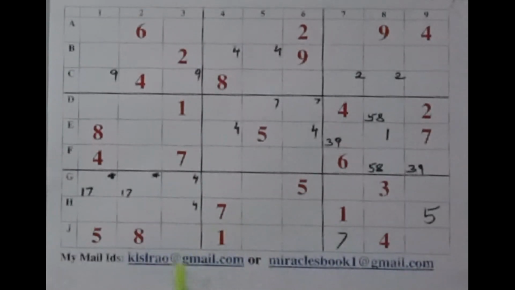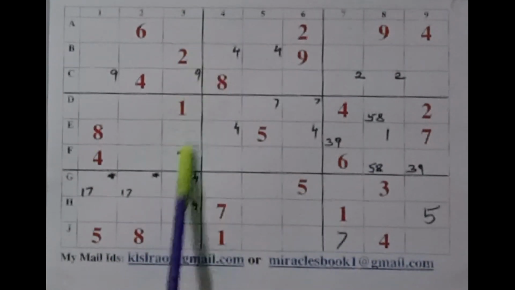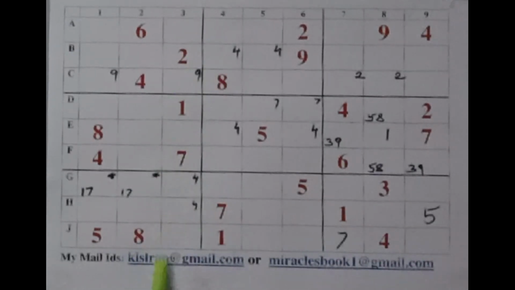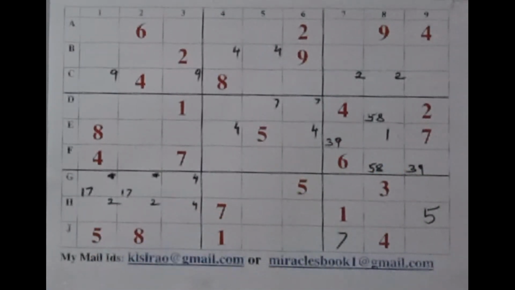Now come back to this box. See, 1 and 7 over. Now look at number 2 above. That means in this box 2 has to be here or here only. So let us mark that also. Now 2 being here and 2 being there, in this box, this is the place for number 2.